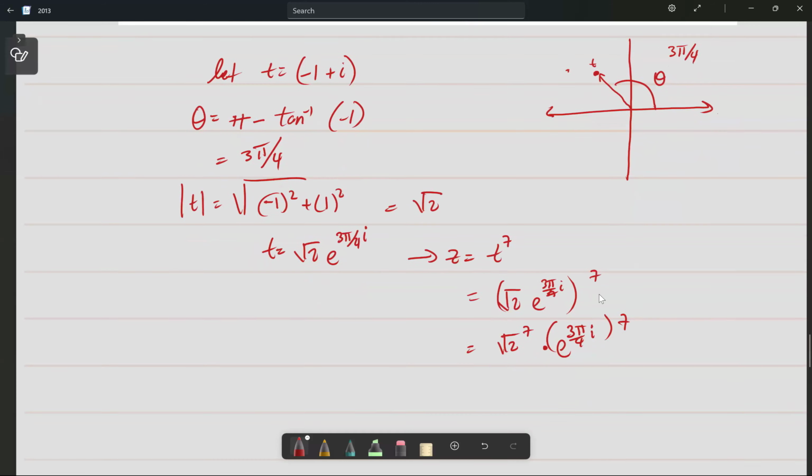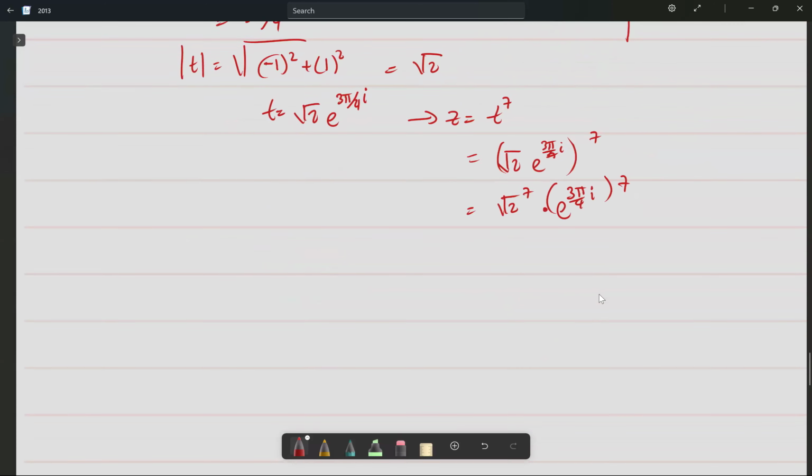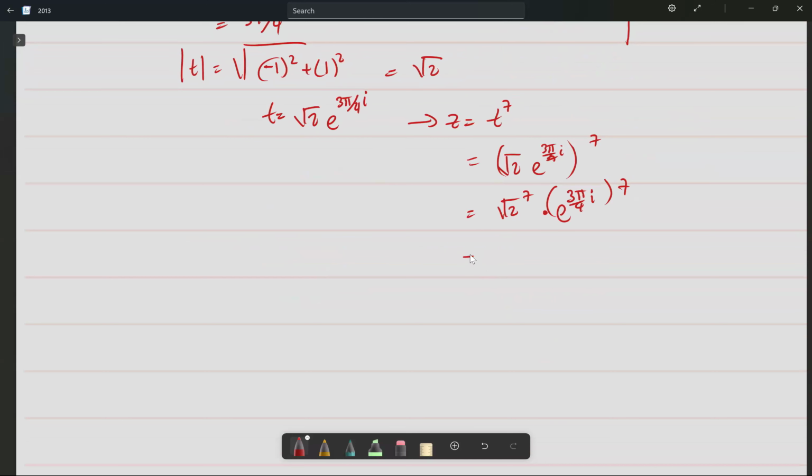First, plug the first part in your calculator, which is the square root of 2 to the power of 7. You get 8 square root 2. And for the e part, when you're raising something to a power again, you just multiply. So that becomes e to the 21 pi over 4 i.